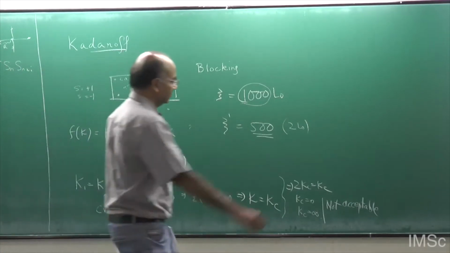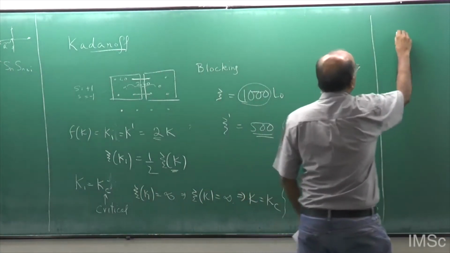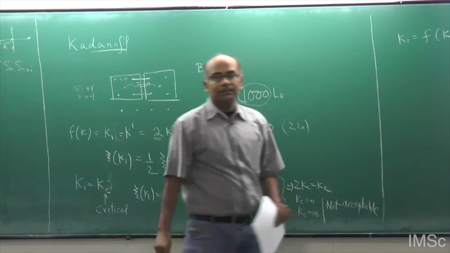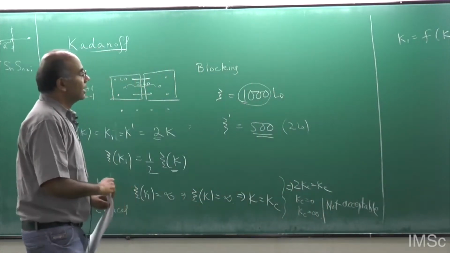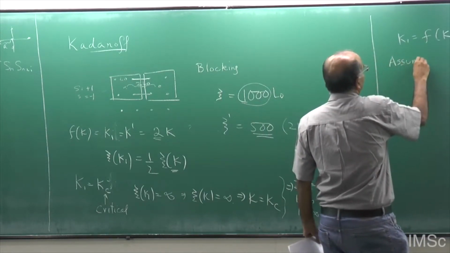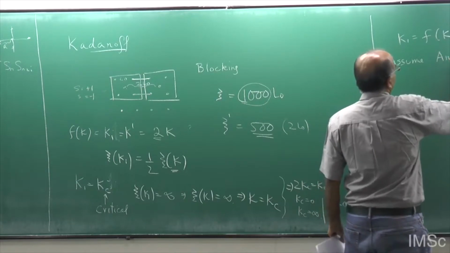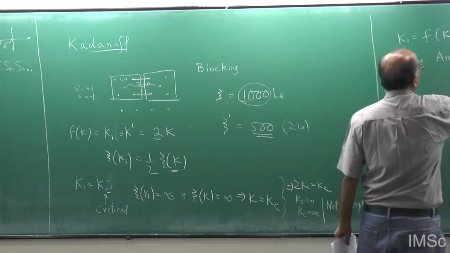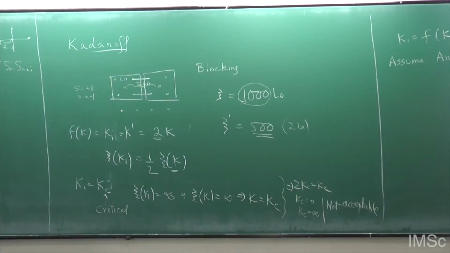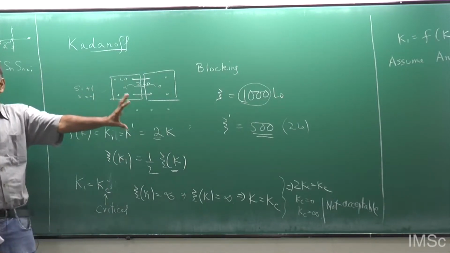Let's modify it. So your new K1 is some f of K. Don't assume it's 2K. It's some f of K. But you make the assumption, which is very crucial, that it's analytic. Why are you assuming it's analytic? I emphasized this in the last class: until you hit K equals Kc, you don't want things to diverge, because you're always talking about a finite number of degrees of freedom.